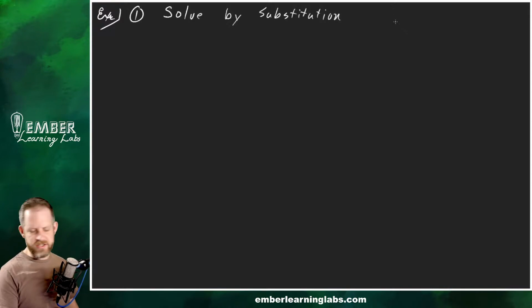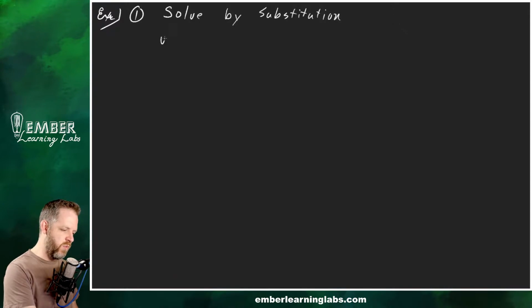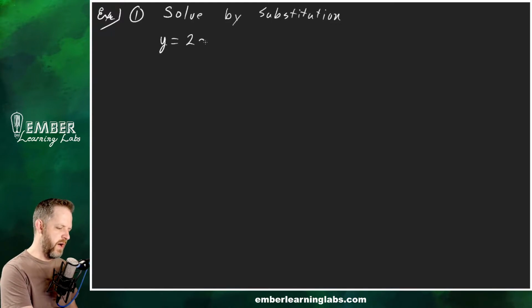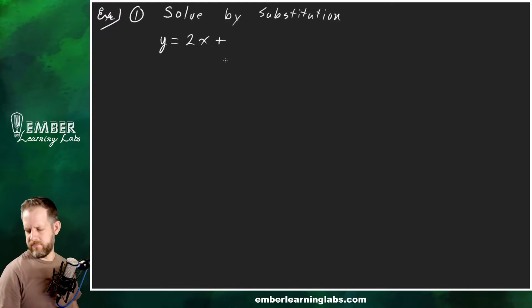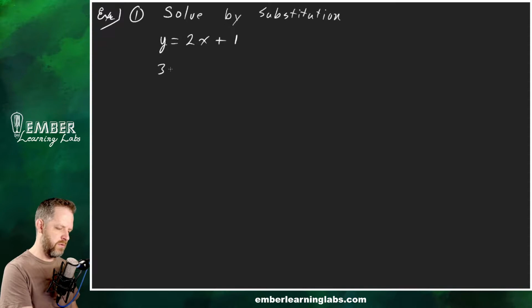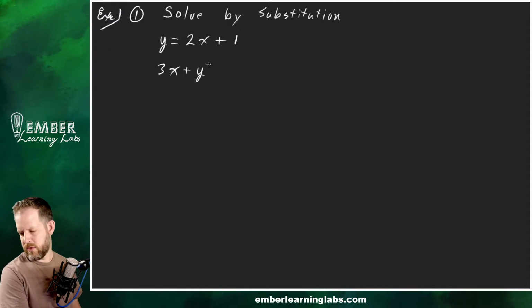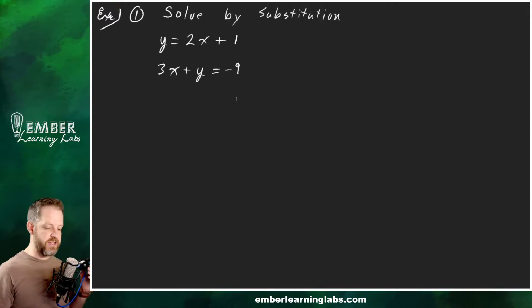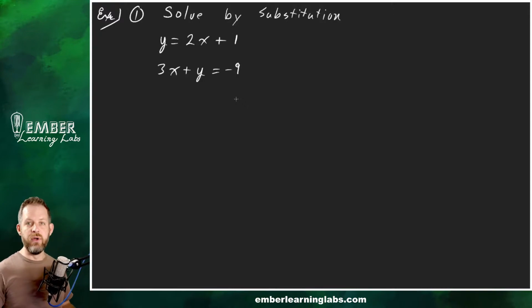Okay, and so the system we're going to solve is y equals 2x plus 1 and 3x plus y equals -9.